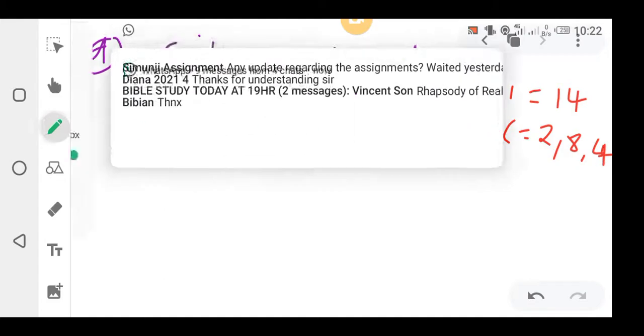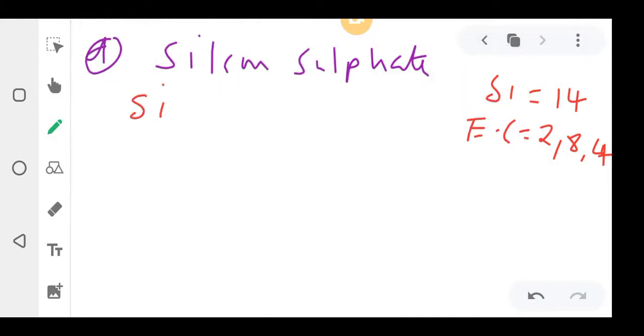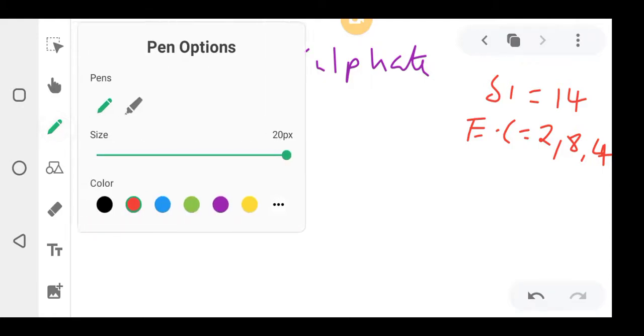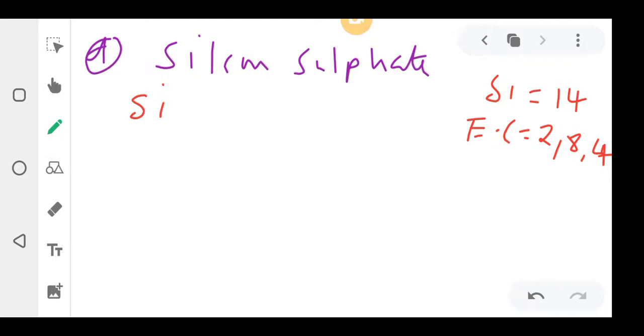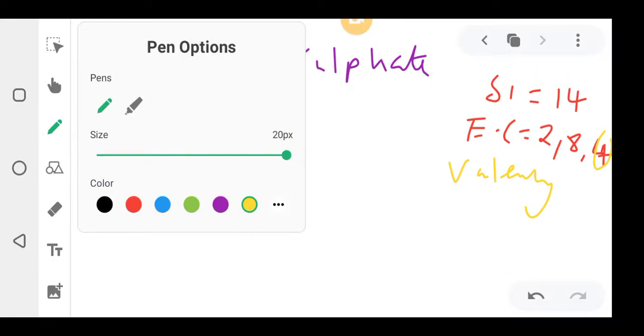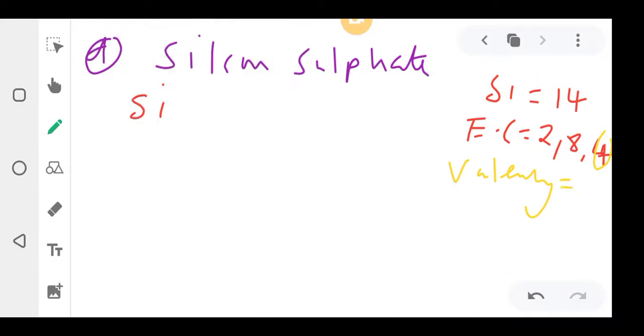Okay, so 2,8,4, and then the valency, we said if the last number is 4 and below, you write it the way it is. So the valence there is going to be 4.